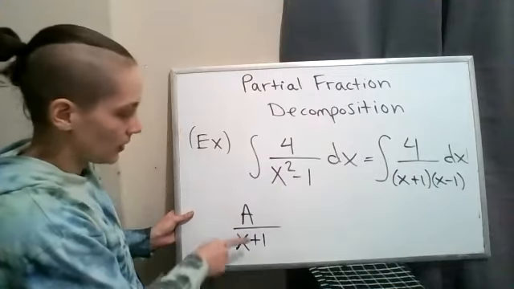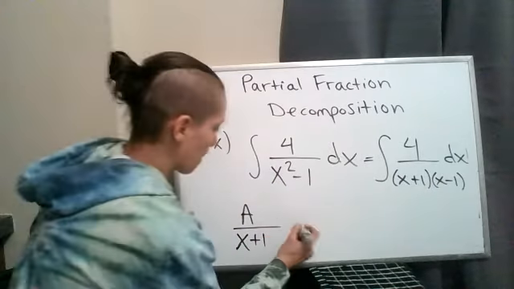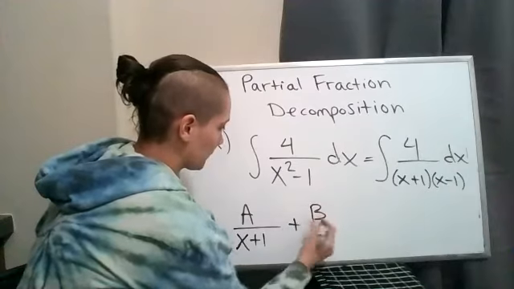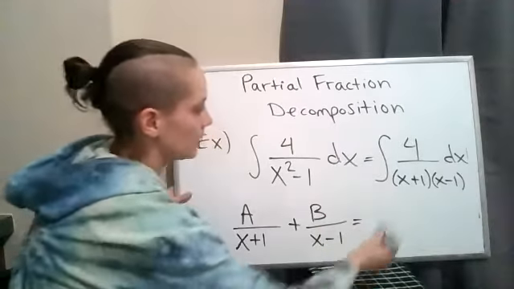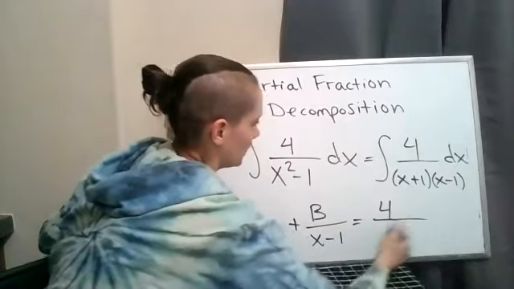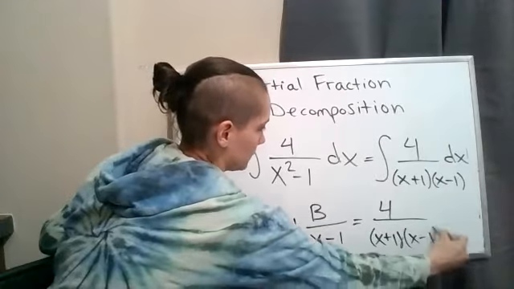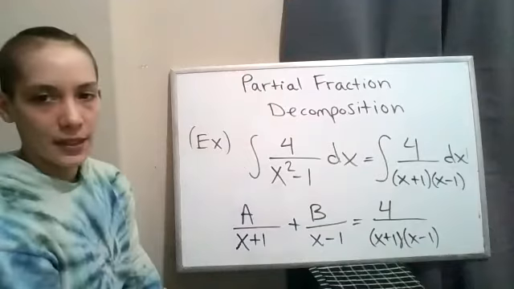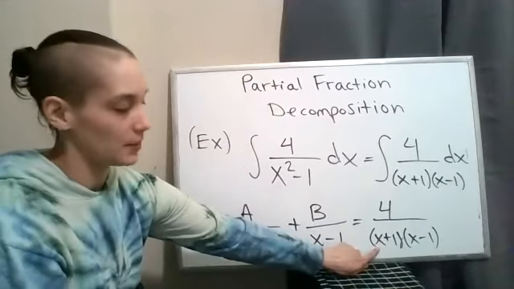Okay, so a over x plus 1, we need something like b over x minus 1. And I want this to be equal to 4 over x squared minus 1. Multiply both sides by x plus 1 times x minus 1.